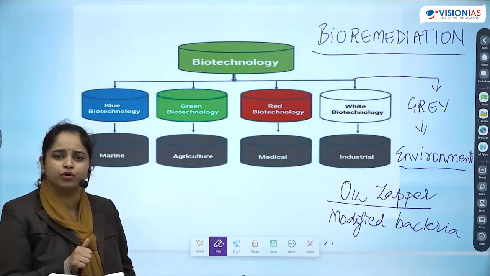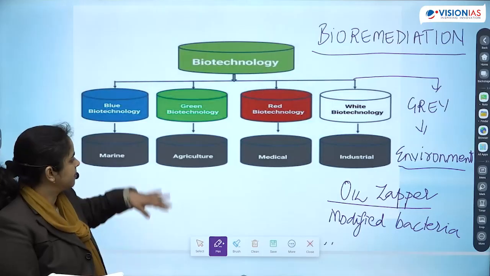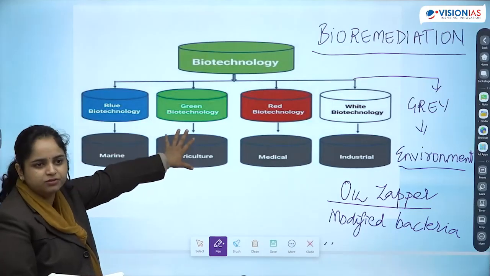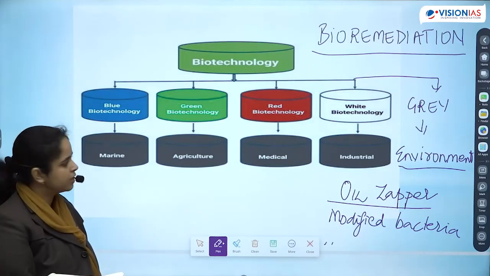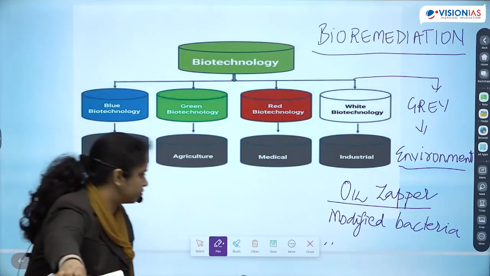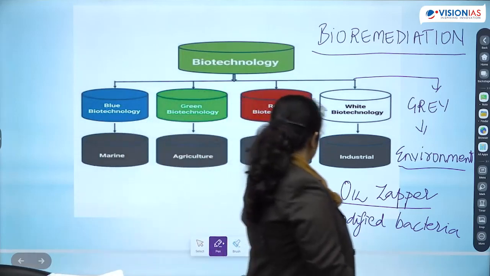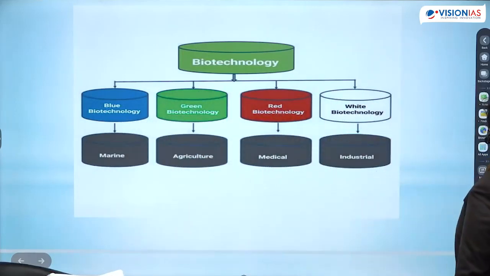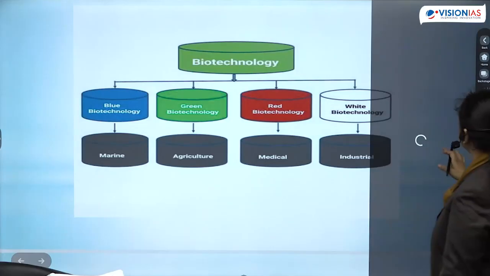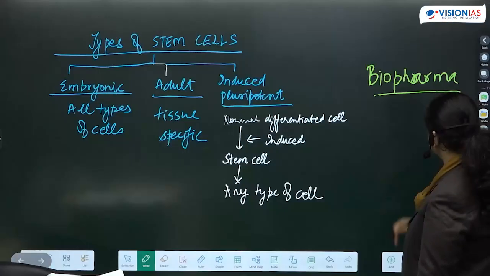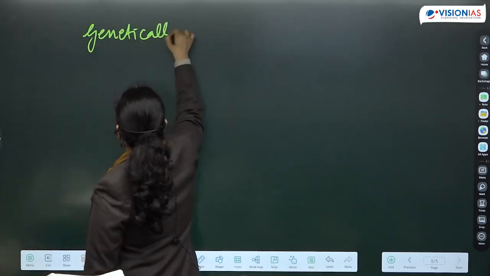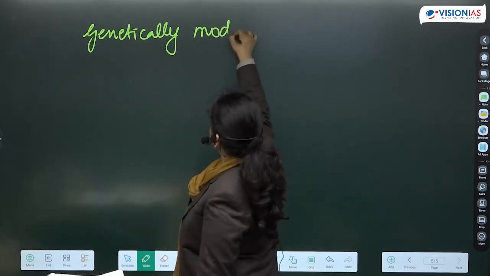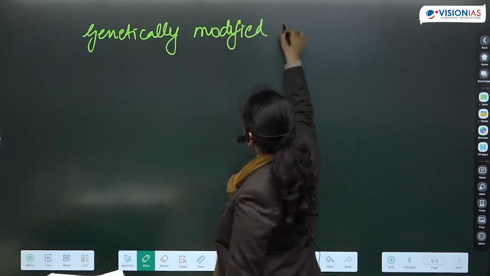As you keep going through your current affairs, most of the examples or references you will find are in green biotechnology. Okay, so we're going to talk a little bit more about this. We will first start with the generic term, which is genetically modified organisms.